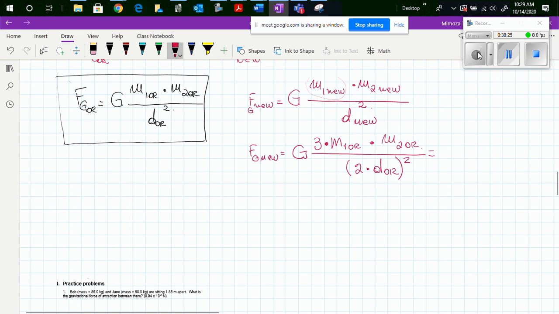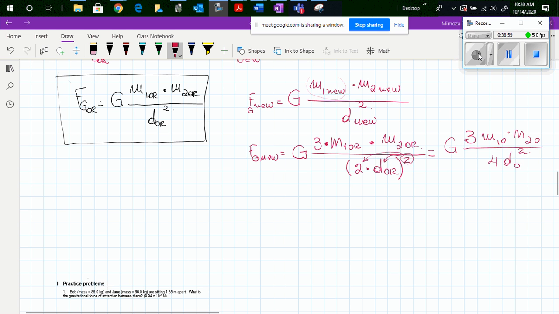So now I will expand this square first. The square is affecting 2 and distance. So this will be the same as saying G times 3 mass 1 original times mass 2 original over 4 distance original squared.